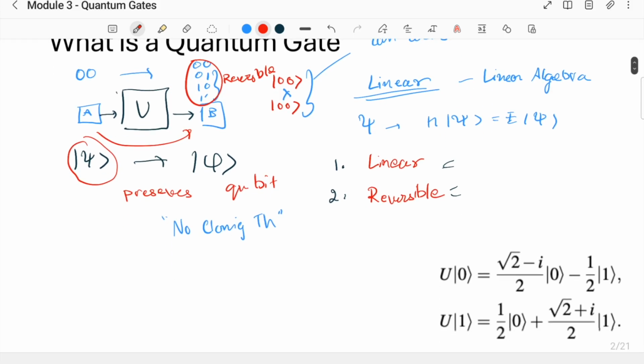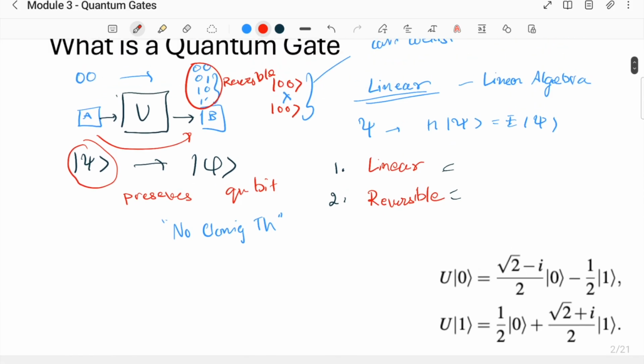Now let's see an example. So this is an example of a quantum gate here. We denote the quantum gate simply by U, that's a convention, and we study the action of a quantum gate on its basis. As you are familiar, we have been using 0 and 1 as our basis.